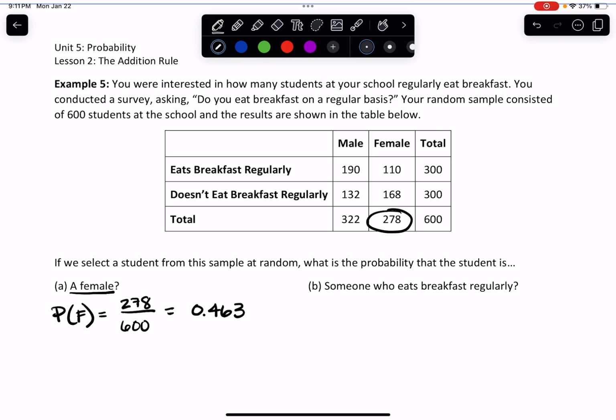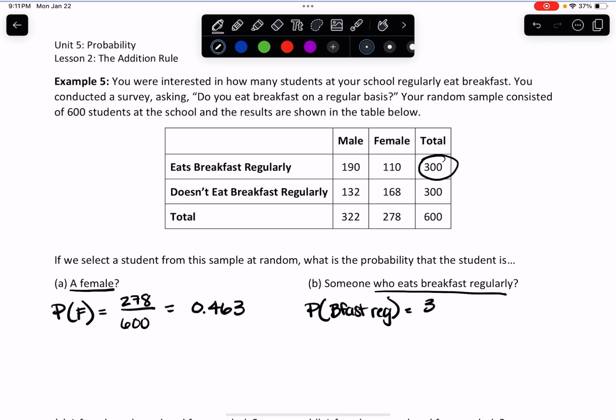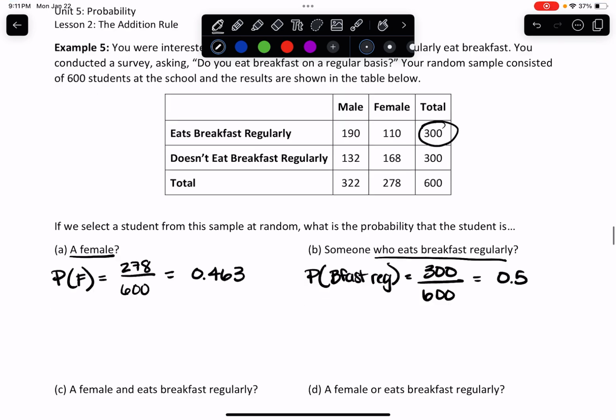The probability of someone who eats breakfast regularly, I'm going to abbreviate that just so I don't have to write it all out. If we look at breakfast regularly, that is 300 out of the 600 surveyed. That is 0.5.